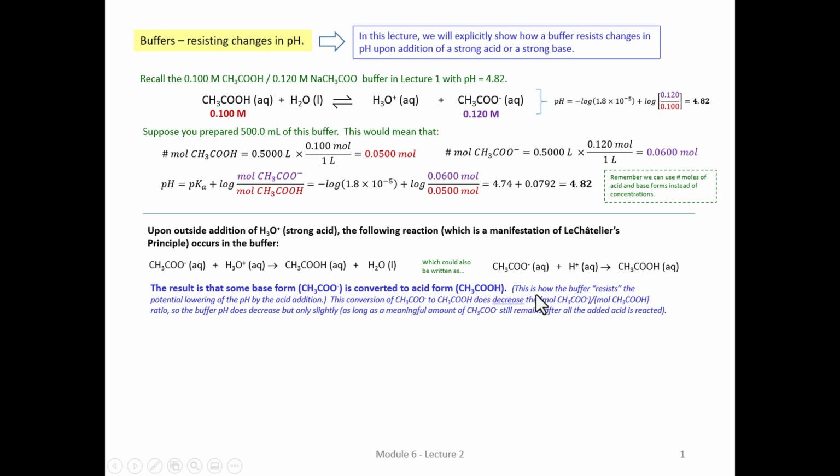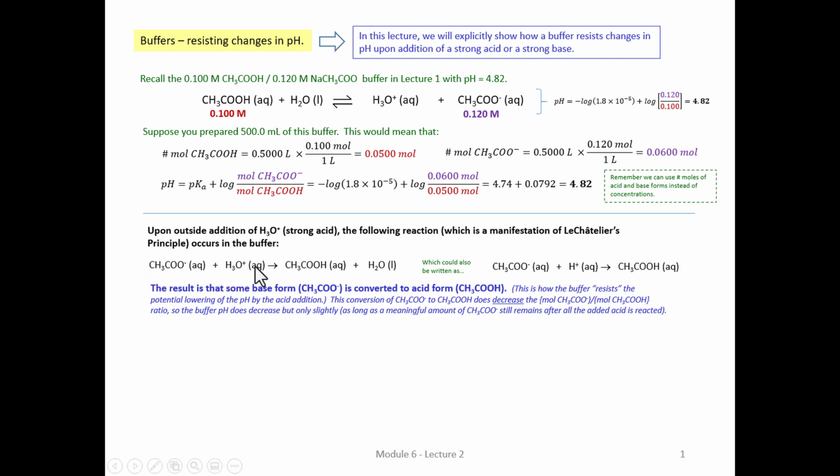Now, this is the central idea here. This is how the buffer resists the potential lowering of the pH by the added acid solution. In other words, when you add the H3O+ from the outside, it's not wandering around wild in the solution determining the pH. No, it gets captured by the acetate, and the acetate gets turned into acetic acid.